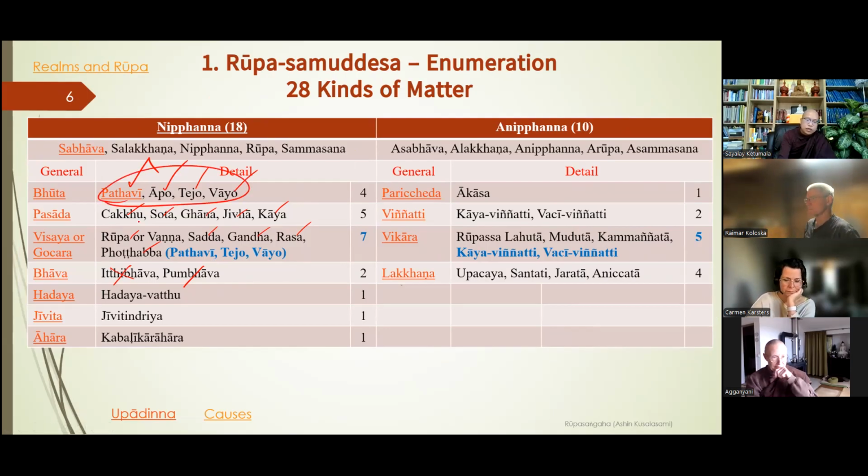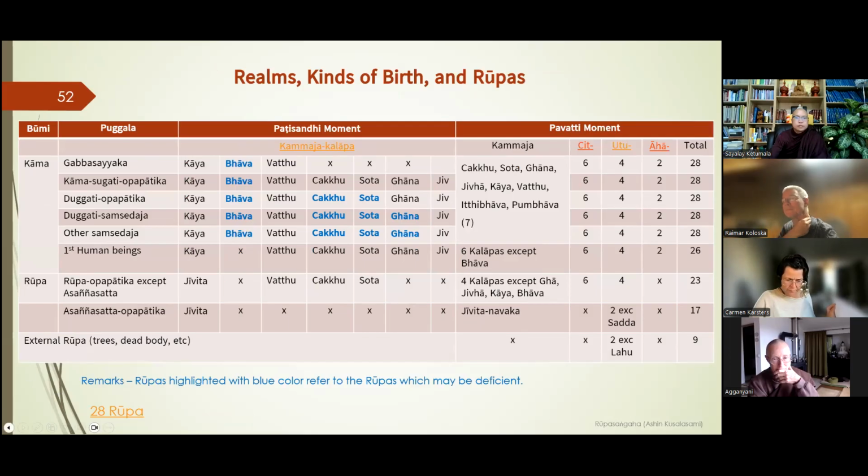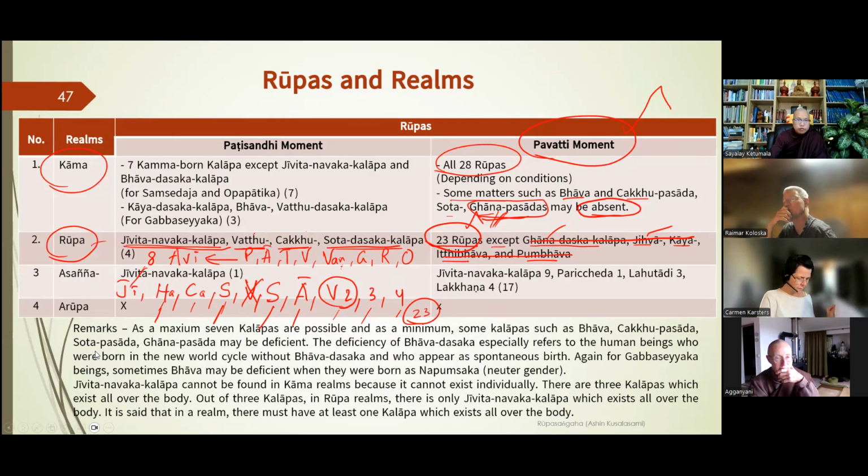So these four, and Chaku Sota, no Ghana, Chewa, and Kaya, and also no Etibawa, Bombawa. So these five, out of the 28, minus 5, and so 23. Okay, so that is for the Rupa realms.